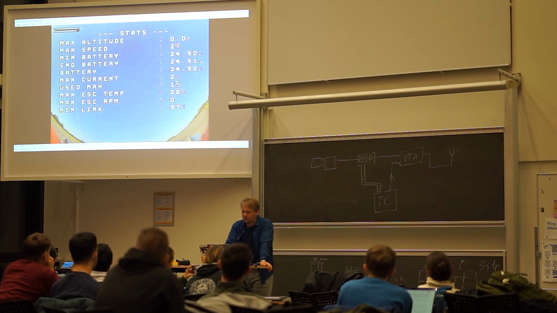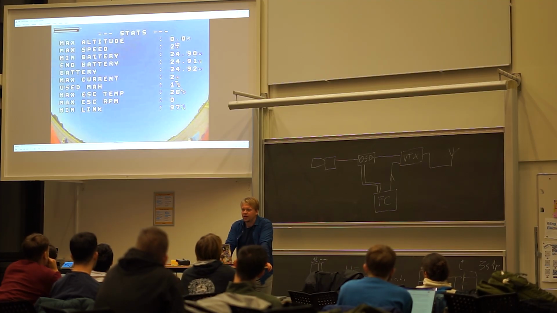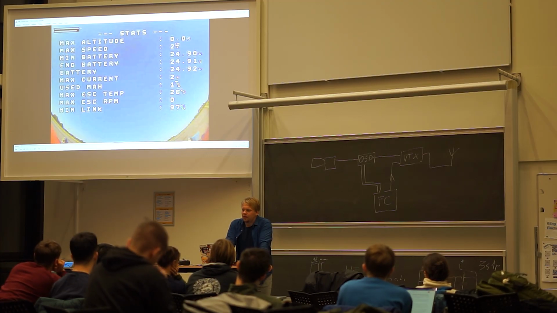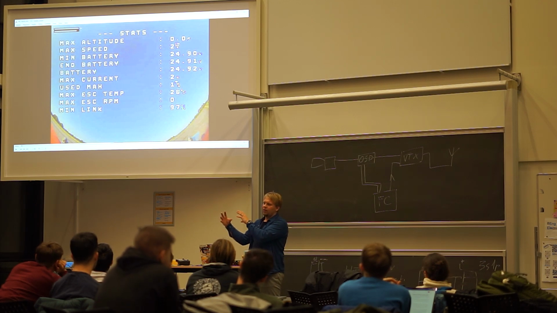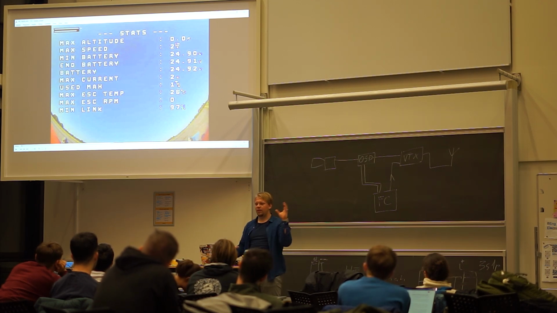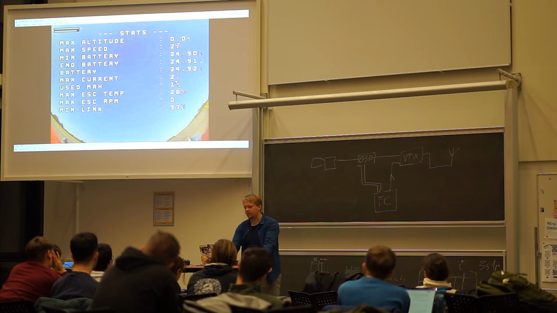The two little bars on the left top side, it's basically a measure of RSSI that it sees on each antenna. This is done on the video receiving side by the video receiving module, or VRX.